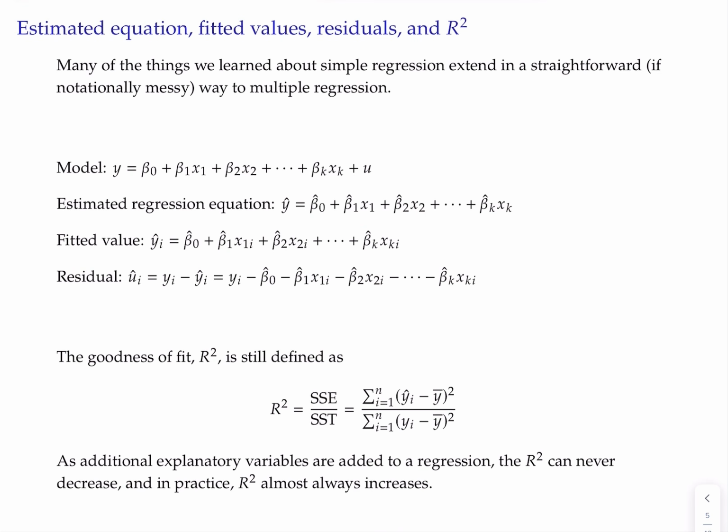For example, in the intergenerational persistence of education example, if the mother and father have a certain amount of education, what's the predicted value for daughter's education? And then the residual, u i hat, is still the actual y minus the predicted y. That's the main thing to remember on this line.